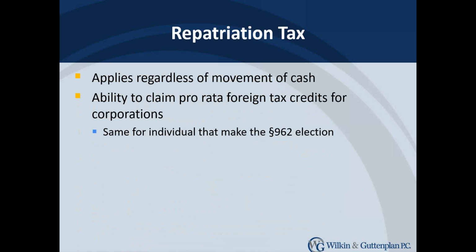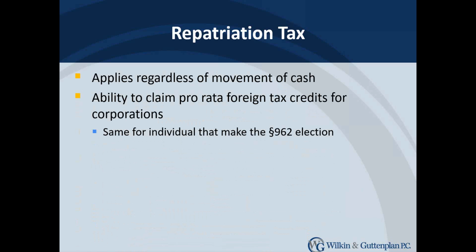However, keep in mind that these will be prorated based on the percentages that the rate is reduced. So for a cash and cash equivalents tax of 15.5%, the foreign taxes paid to that foreign country will be reduced by 55%, and then 77% for the illiquid assets. These foreign tax credits are generally available to corporations and not individuals.